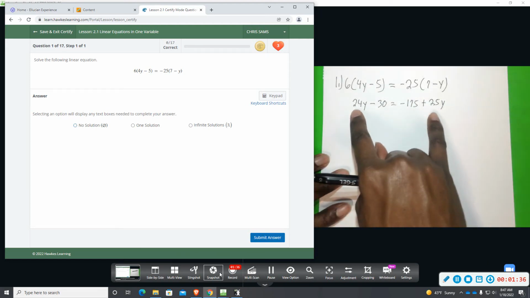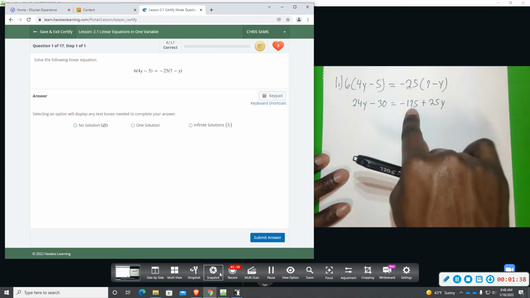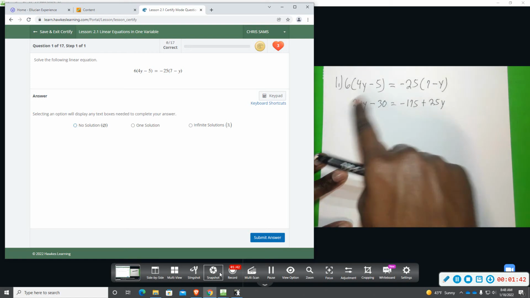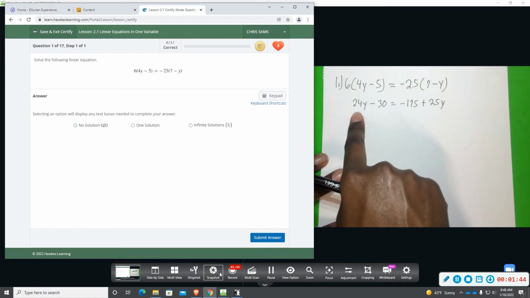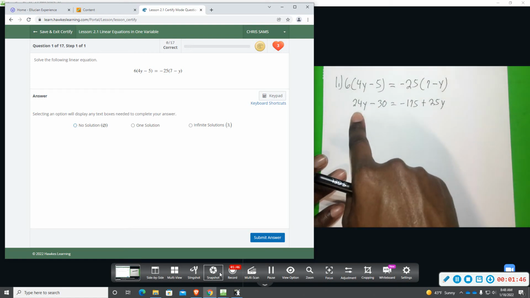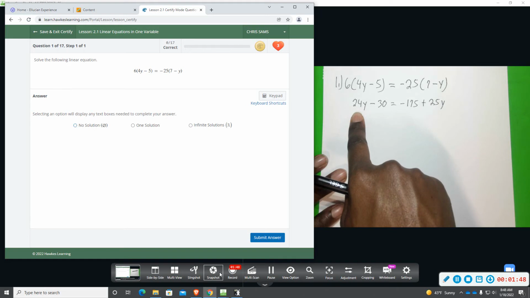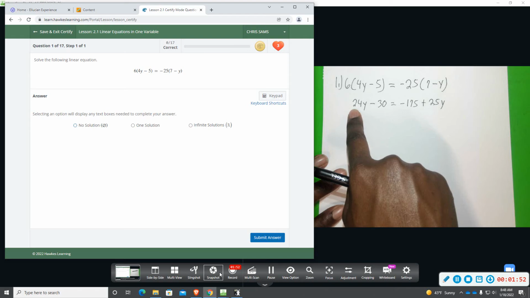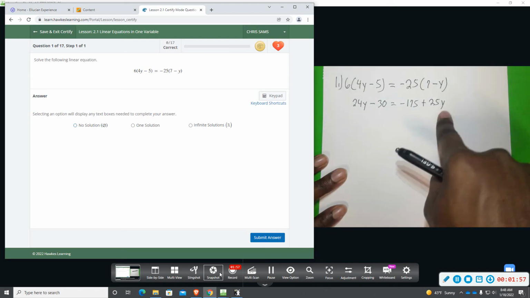25 times 1 there. Okay, so from here we're going to combine like terms. So I want the y terms to be on the same side and the numbers. Normally I would move my y's to the left side of the equal sign. However, if I did that, it would cause them to be negative, because I'll have to subtract 25 to move it, and I don't want to deal with negative. So this time I'm going to subtract the 24y and move it over to the right side.